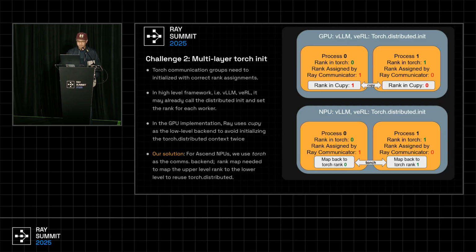Now, the GPU implementation uses CuPy again as the communicator backend in Ray, so effectively avoids this double initialization problem. But for the NPU, we have to use torch as the collective communications backend. So a rank map needed to be added to maintain this consistency between the upper level frameworks and when Ray initializes at the lower level.